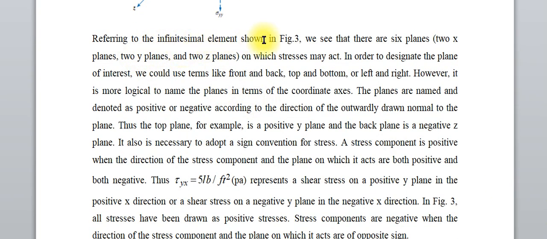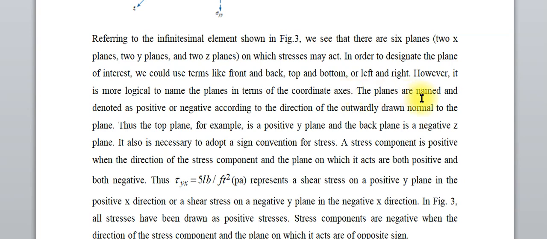Referring to the infinitesimal element shown in figure 3, we see that there are 6 planes: 2 x planes, 2 y planes, and 2 z planes on which stresses may act. In order to designate the plane of interest, we could use terms like front and back, top and bottom, or left and right. I have already discussed this. However, it is more logical to name the planes in terms of coordinate axes.